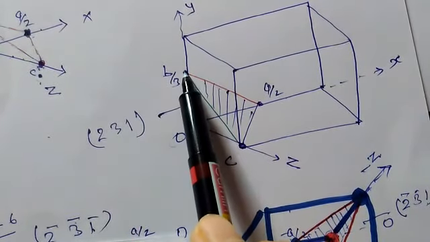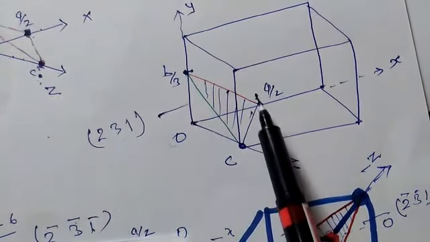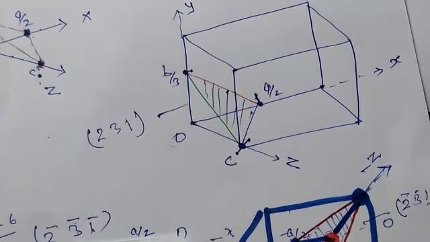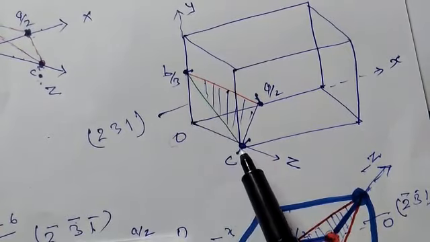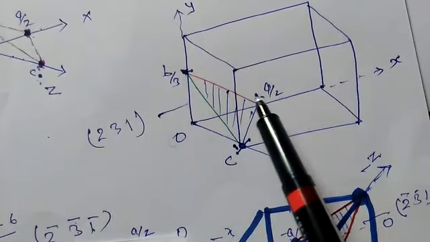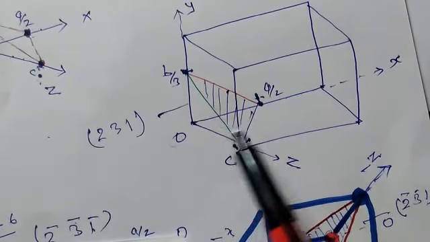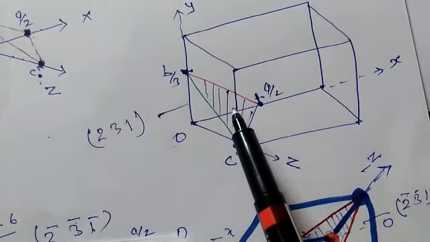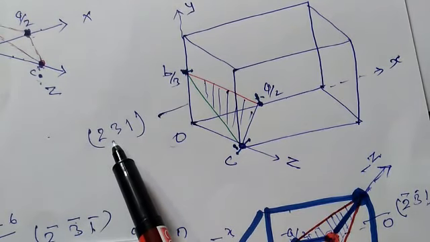This is the intercept along y, this is the intercept along x, and this is the intercept along z. So join this point to this point, this to this, and this to this, shadow it, and you get a plane that will be the lattice plane of Miller indices 2 3 1.